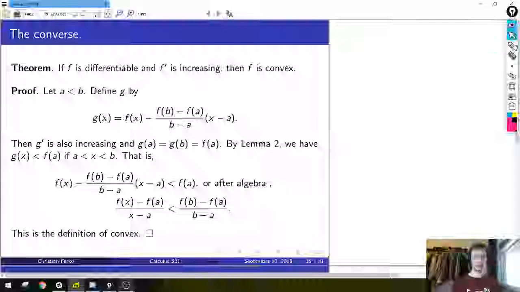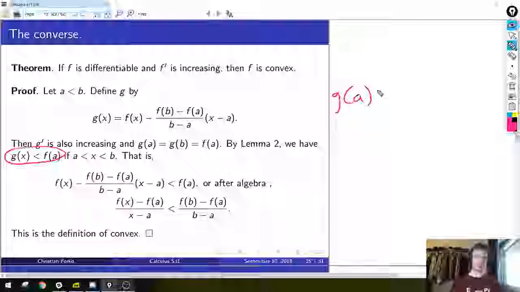So I'm just going to copy that over and apply it to the function g now. g is less than its value at the endpoint, but what's its value at the endpoint? That's simply f of a, as we saw a moment ago. So g of x has to be less than f of a, the value at the endpoint, for any x in the interval. But as we'll see in a moment, this circled inequality in pink is exactly what we're trying to prove, convexity, after doing some algebra.